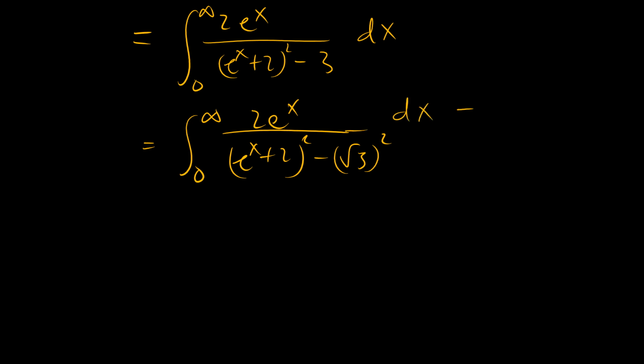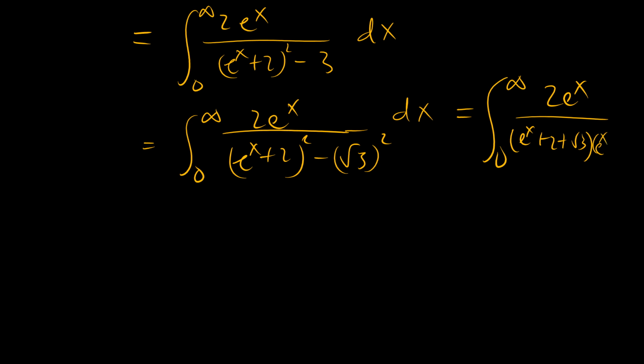And using the difference of two squares, this becomes e to the x plus 2 plus root 3 times e to the x plus 2 minus root 3, right?